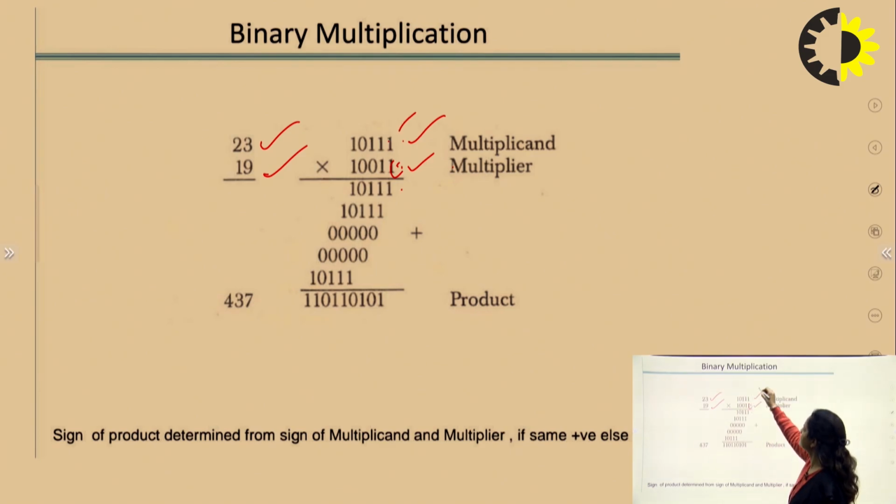So the binary equivalent of 23 is known as multiplicand, the upper number, and the lower number by which we are multiplying the upper number is known as multiplier. Why are we considering these names and focusing on them?